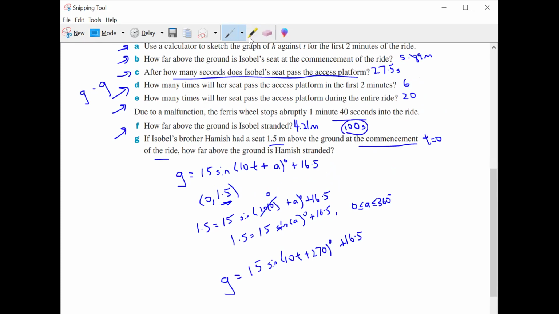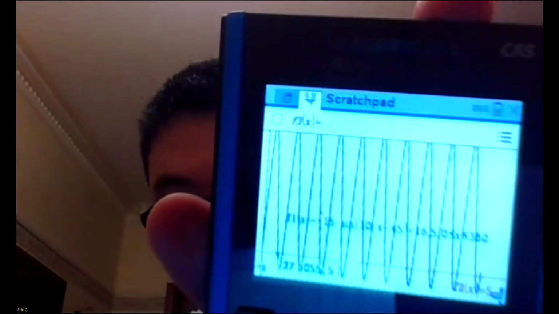So let's go back to this page here. And then we just double click on a blank page so we can type in our third function. In this case, it will be 15 times sine, 10 times x plus 270, and then plus 16.5.